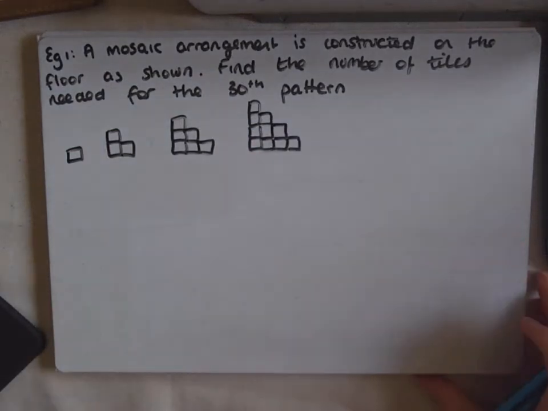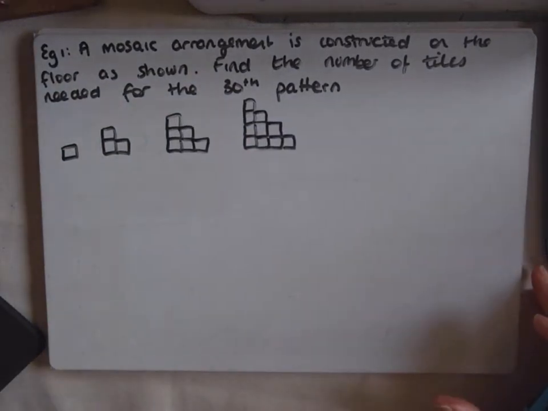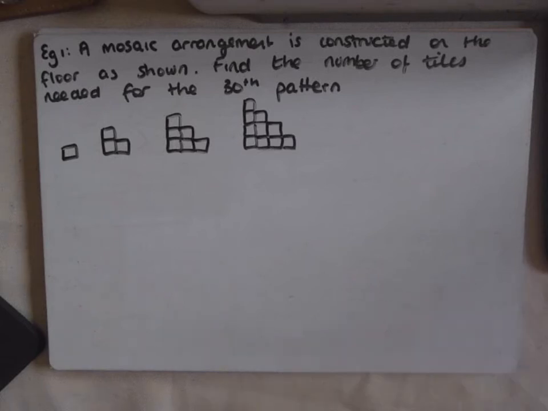So there's your pattern. Find the number of tiles needed for the 30th pattern. So to get the 30th pattern, you're going to have to get a general formula, and we'd need to figure out what's happening.